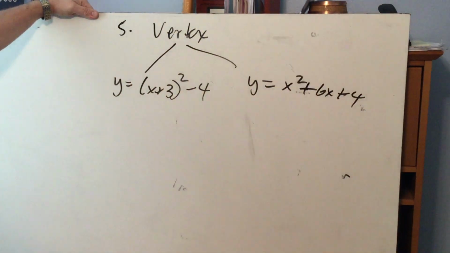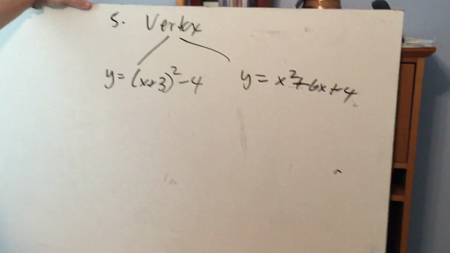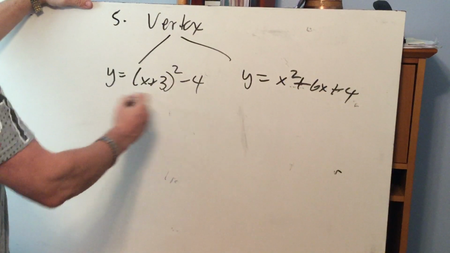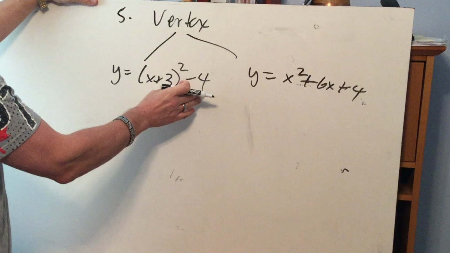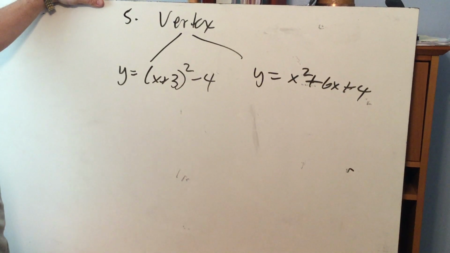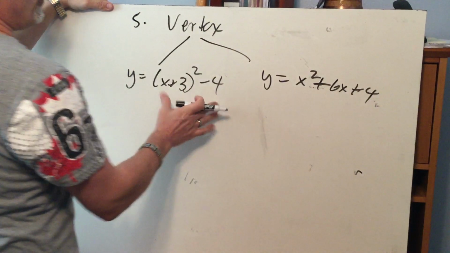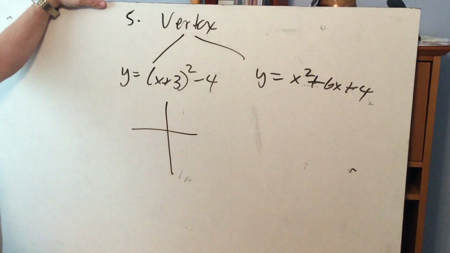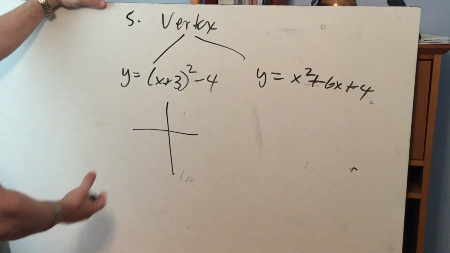How did I find the vertex? Well, a lot of you in my class could probably give me the vertex just by looking at it. But there's probably half of you that can't. So what do you have to do? You have to graph it.